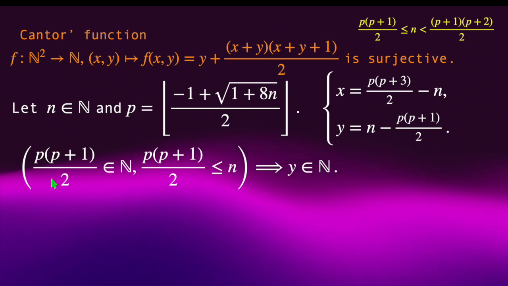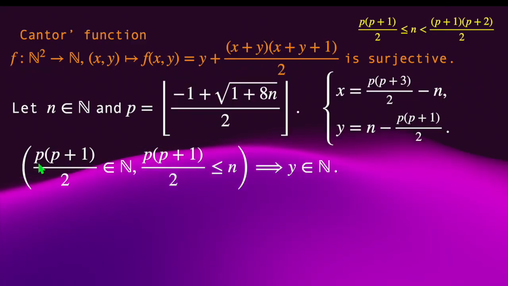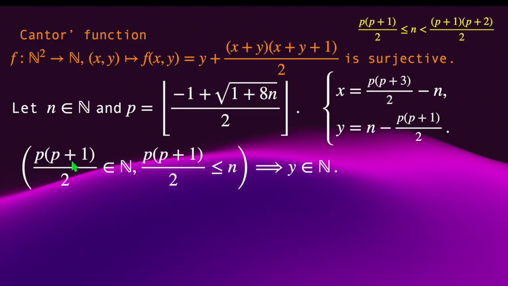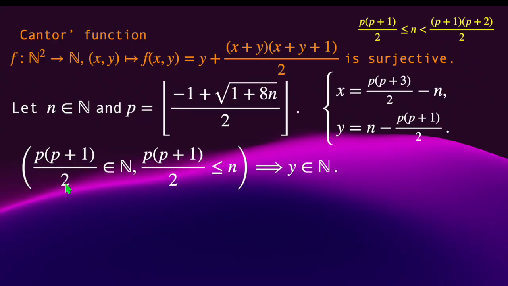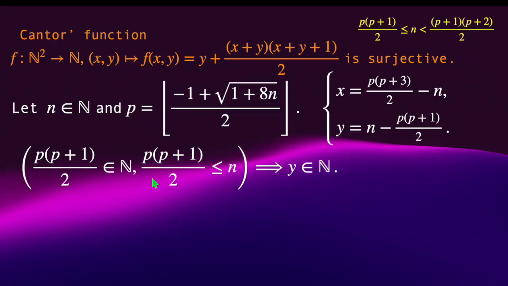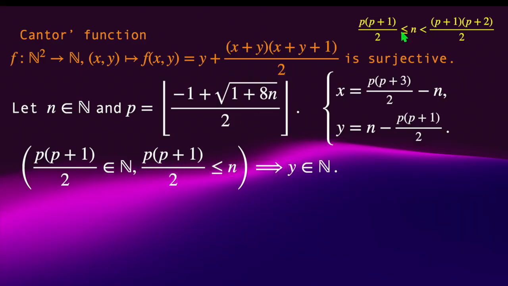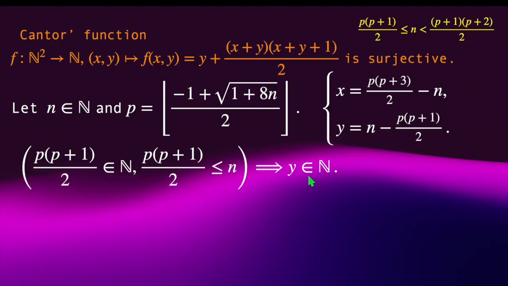So first remark that (p plus 1) over 2 is a natural number, because one of p or p plus 1 is even. So we can divide by 2 and get a natural number, and from this inequality we have this. So y is a natural number.